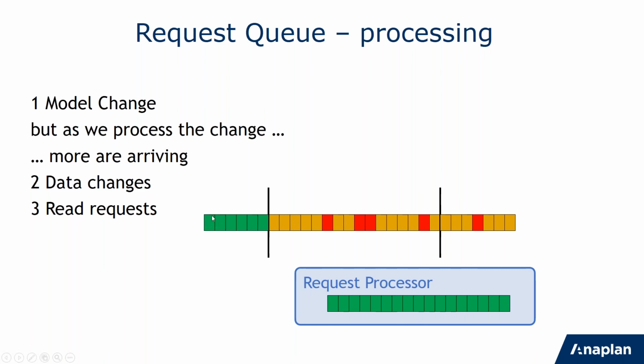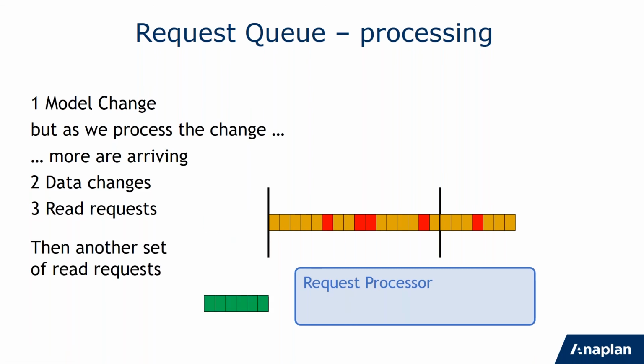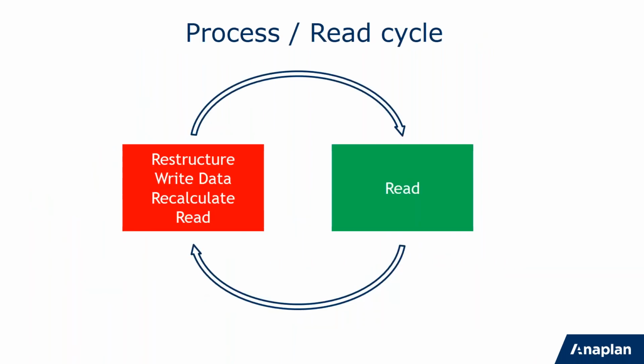So we just nip in and we do a quick reads only loop, and then we get back to normal processing. So we have this process read cycle. So the model is always basically either doing processing changes and then doing reads, or just doing pure reads. Okay, so that's how we keep consistency, and that's how we keep a good throughput.